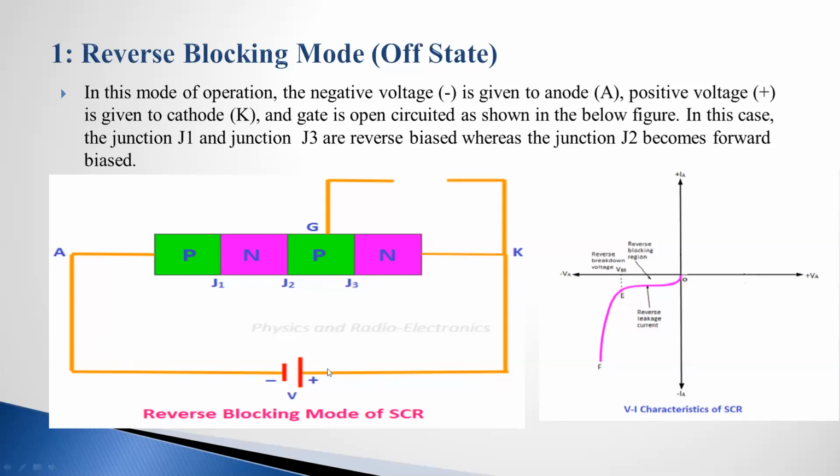But here, which voltage is applied across the SCR? This is the SCR. Cathode is connected to the positive and anode is connected to the negative. So reverse voltage is applied across this switch and no current is flowing through the device. It is clear? It will act as an open switch with voltage present across it.